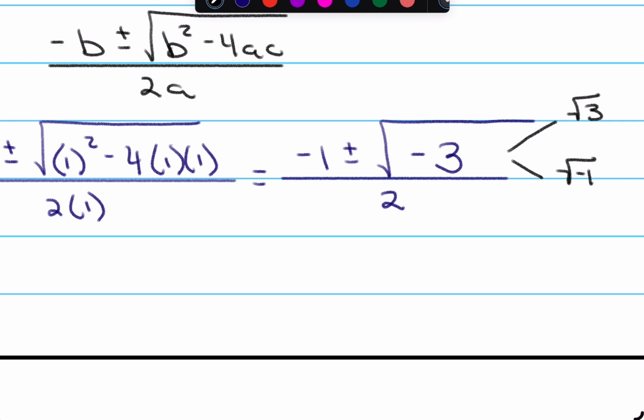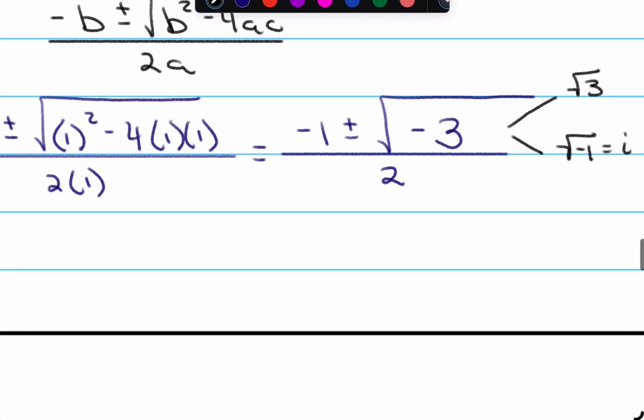But the square root of -1 is i that we just went over, so I'm going to push that in front. So my last two answers are going to be -1 plus or minus i times the square root of 3 over 2. If you want to separate out your answers, it'd be -1 plus i square root of 3 over 2 and -1 minus i square root of 3 over 2. So these are my other two answers.